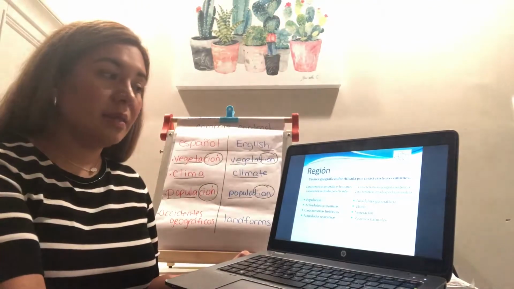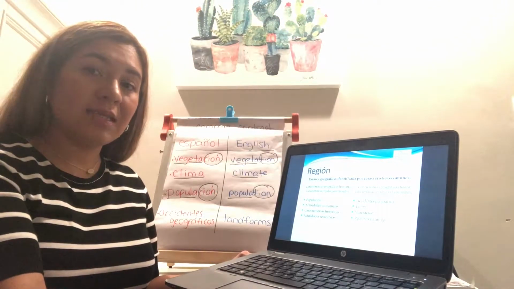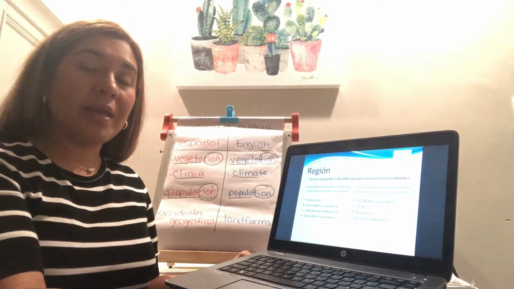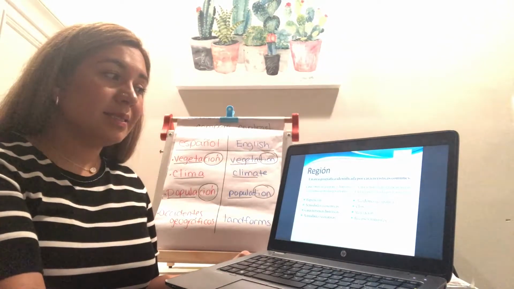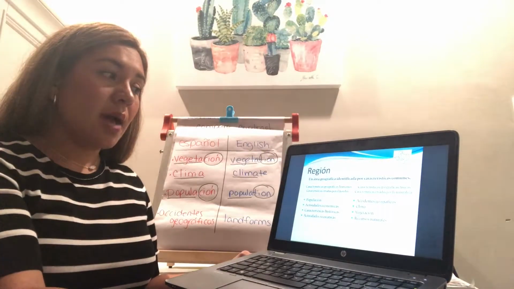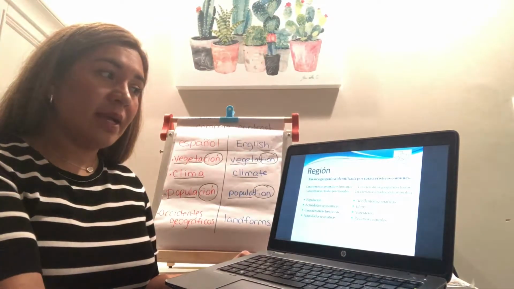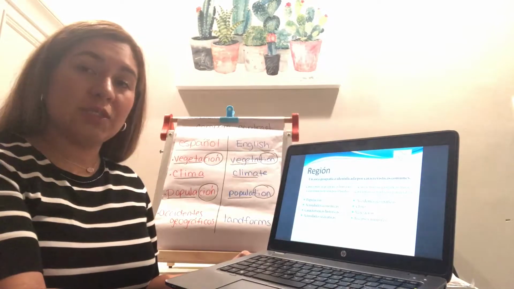So for example, in the next slide, after we've discussed it in groups, maybe with a partner, we will then talk about the definition of región. In this case, un área geográfica identificada por características comunes.